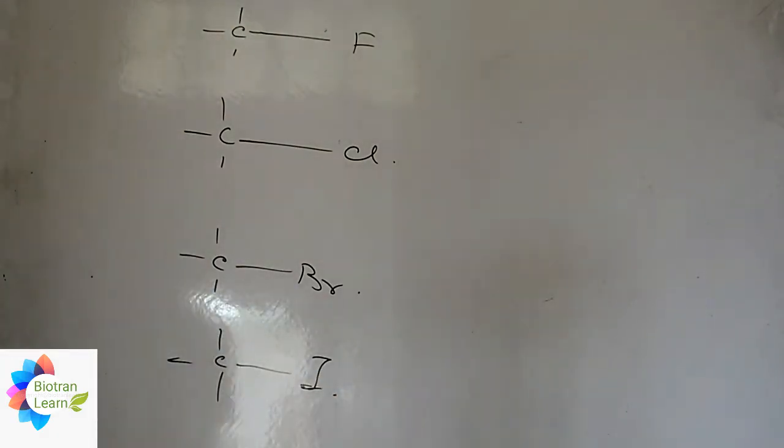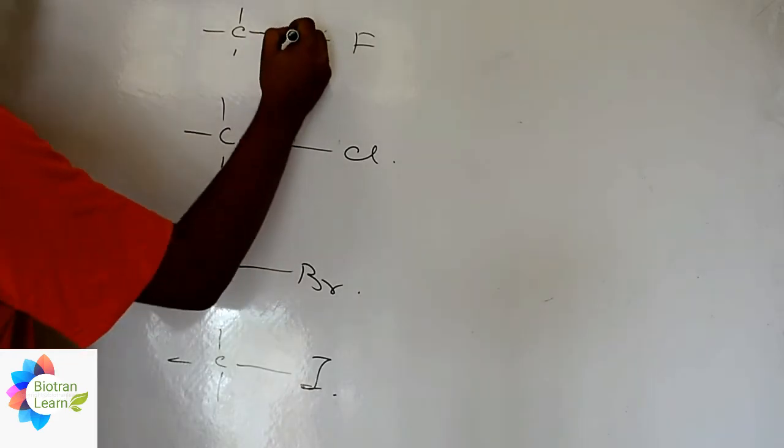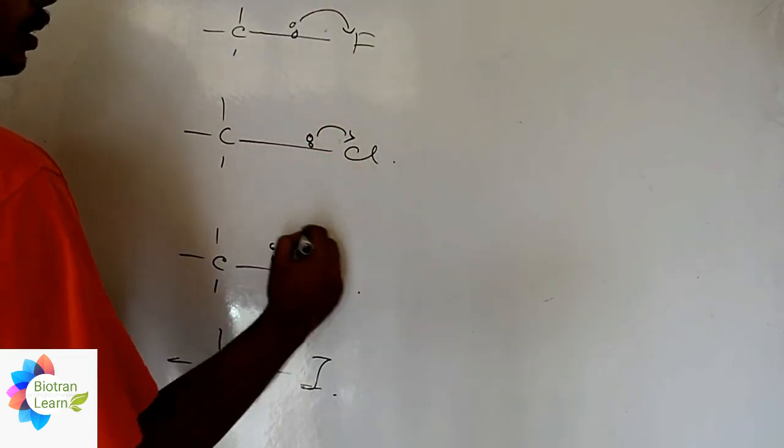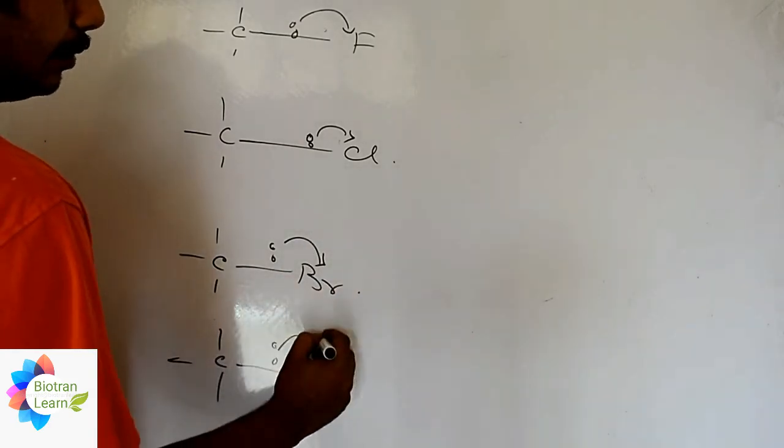All of these pull the electron pair towards themselves to get a negative entity.